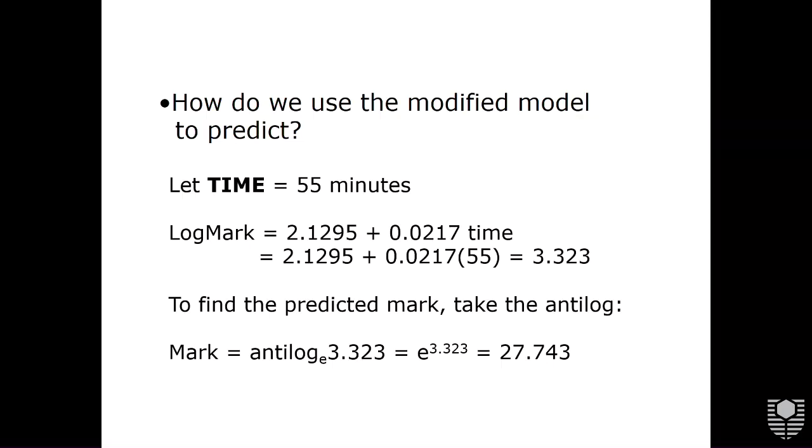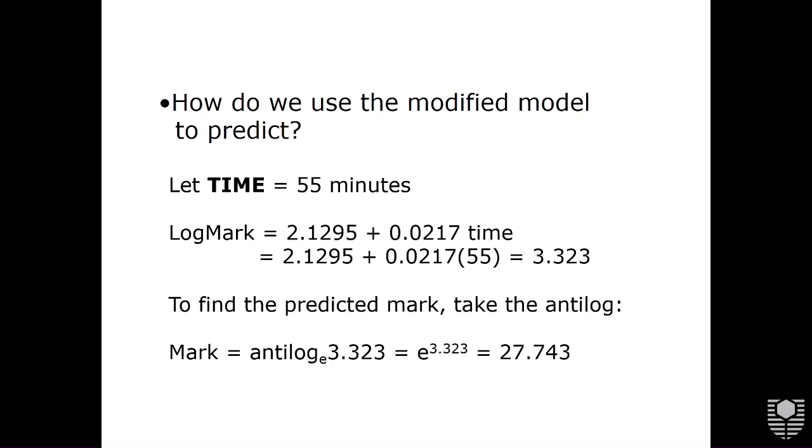So in the exam, when I ask you to find the log, if I say the time equals 55 minutes, how are you going to check with the prediction? Log of mark equals beta 0 plus beta 1 times time, which is 55 minutes.